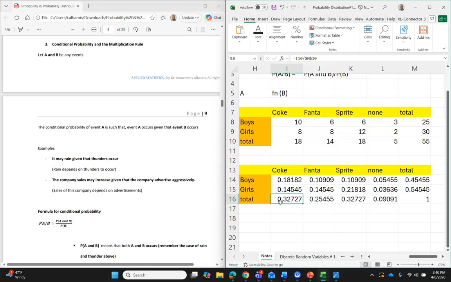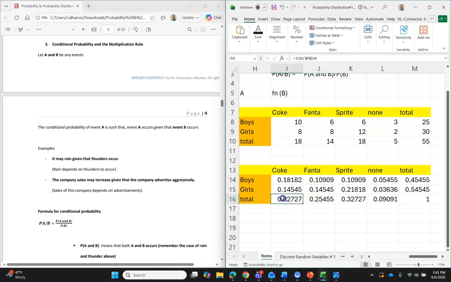And so we can see for the Fanta, we have 0.10909 chance that if a boy buys soda, they will buy Fanta. And there is 0.14545 chance that a girl will buy Fanta. And we can add the two probabilities.